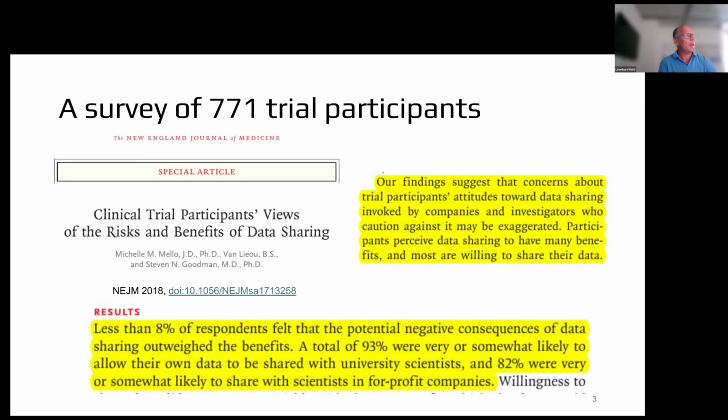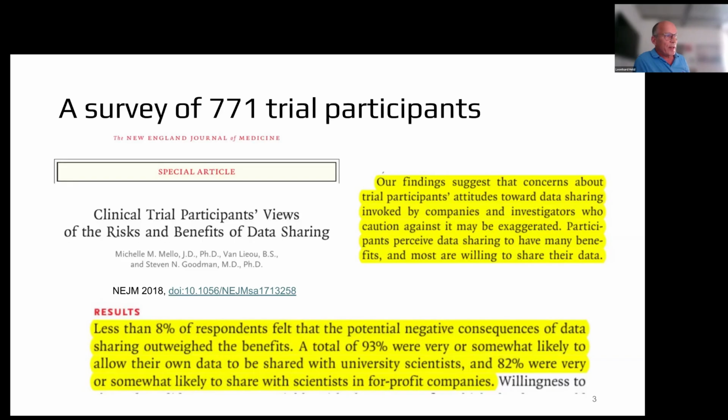However, actually, in preparing this talk, I found this very interesting survey, which was published 8 years ago in the New England Journal of Medicine, where these authors actually asked nearly 1,000 trial participants about their perception of sharing clinical trial data. And you see a few quotes from the paper here. I just read 1 or 2 sentences to you.